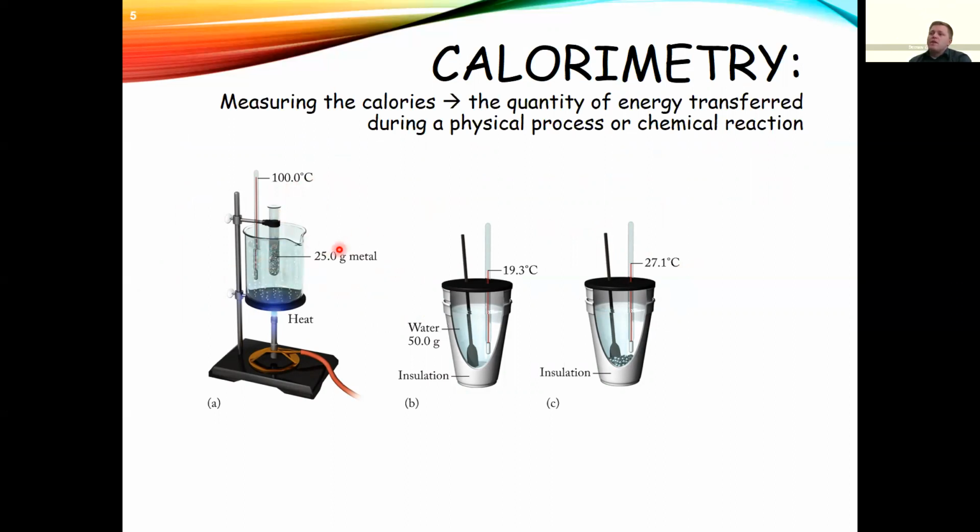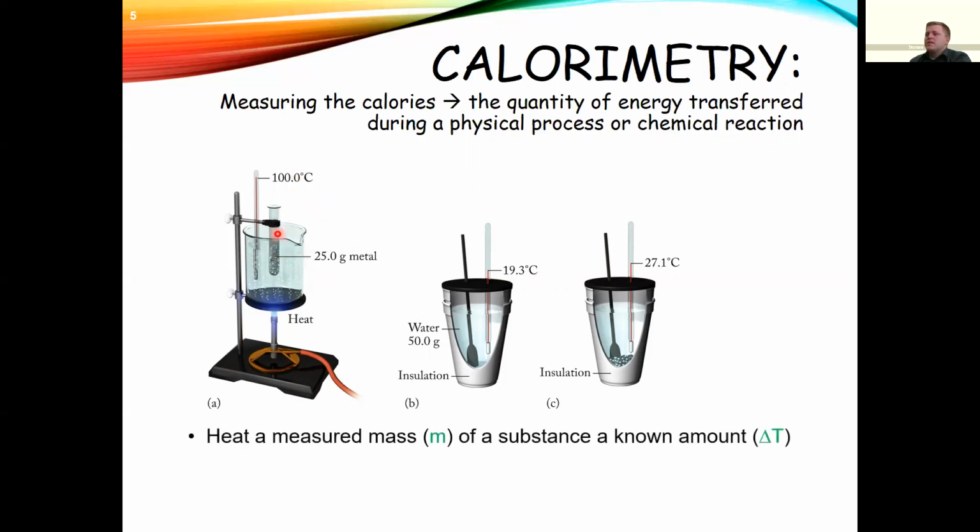So here we're saying we have 25 grams of some metal. We put that in a beaker of solution. In this case, we're boiling that solution, which is a really convenient way to set the temperature really precisely, since water boils at 100 degrees Celsius. If you stick this sample in boiling water, you can equilibrate it to 100 degrees Celsius.